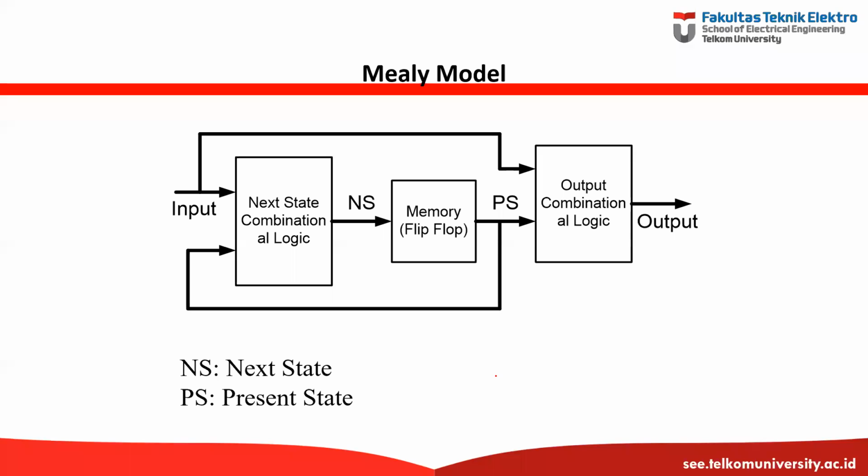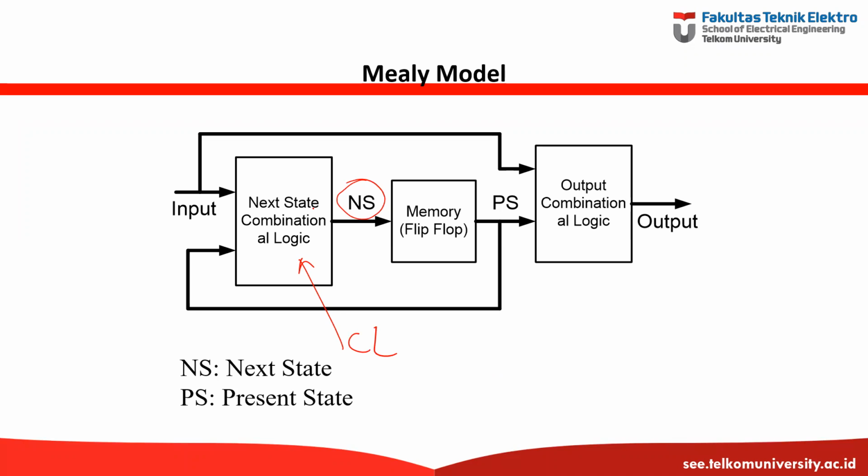As we can see here, we have something that we call combinational logic. It's just like AND gate, NAND gate, OR gate, NOR gate, XOR gate, inverter, etc. That is combinational logic, and we call it next state combinational logic. Why? Because it will calculate the value of the next state.